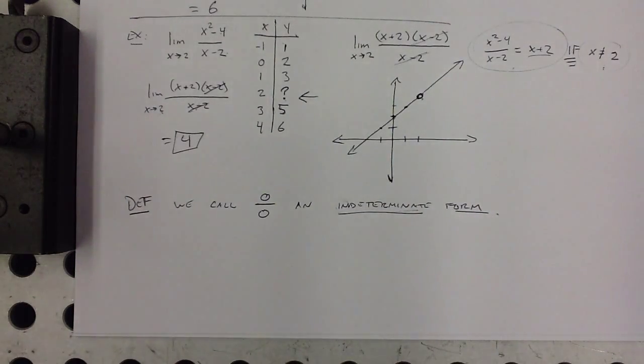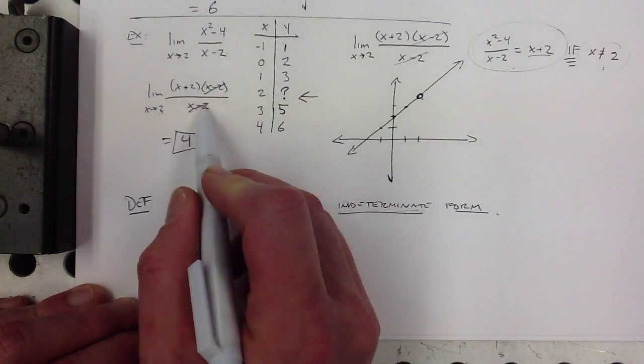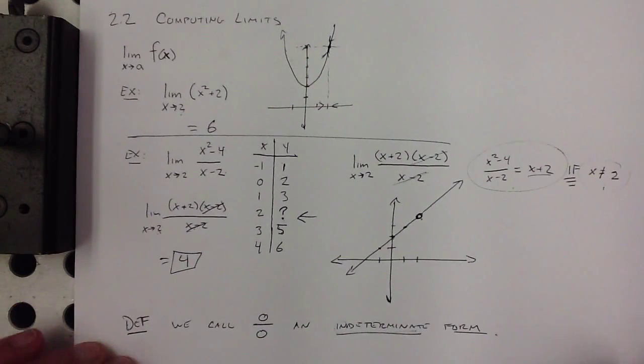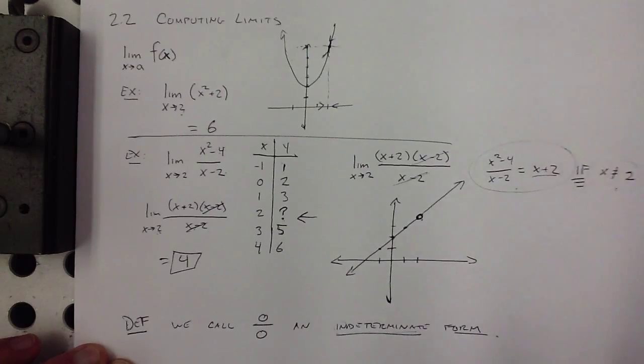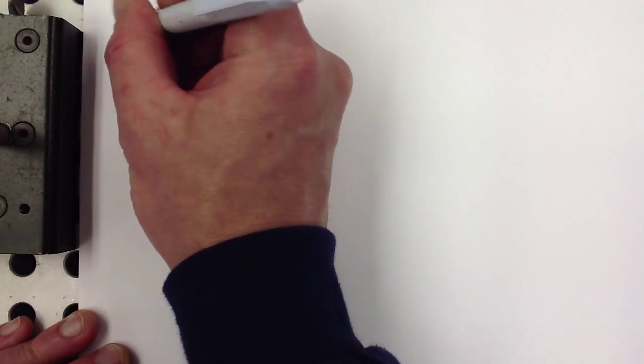And what does that mean? It means you cannot tell what the answer is at that point. So what do you do? You do some algebra. Maybe you factor and cancel. Maybe you do some other kind of algebra. And I'll show you the other kind that you might have to do in just a second. Before we do that, let's take a look at a couple more quick examples.